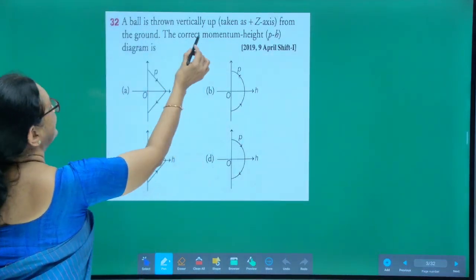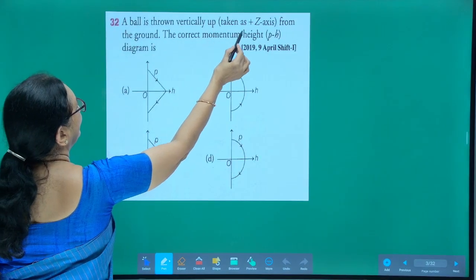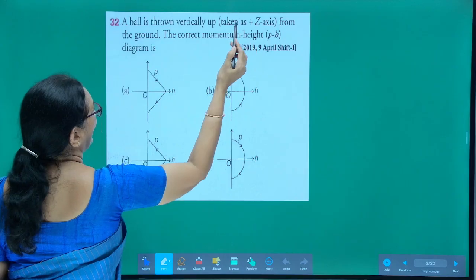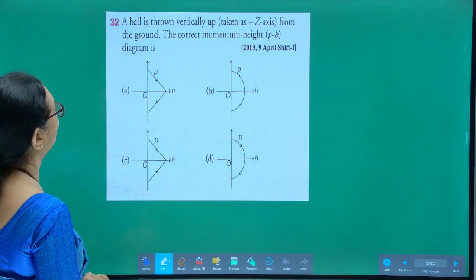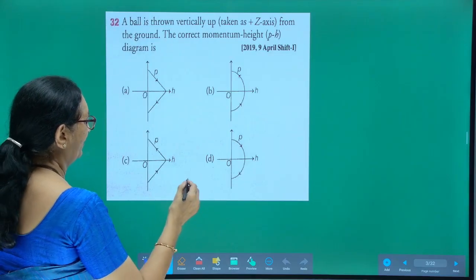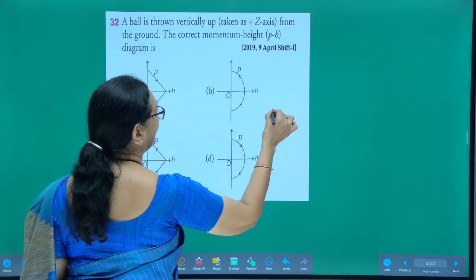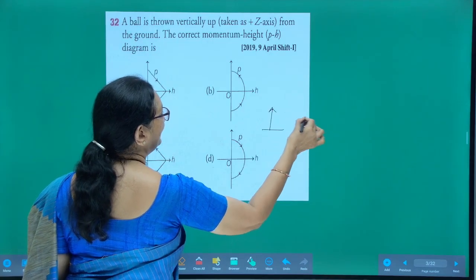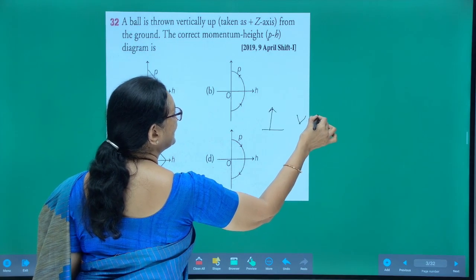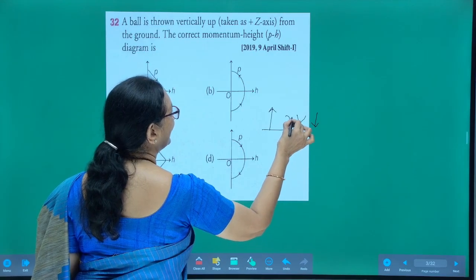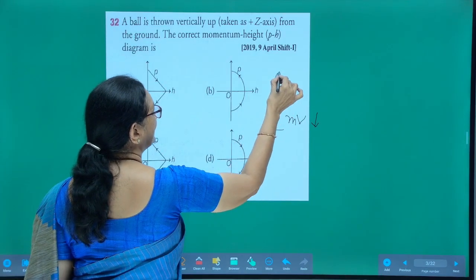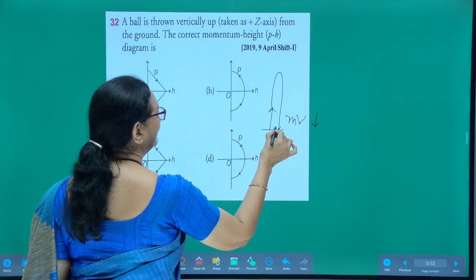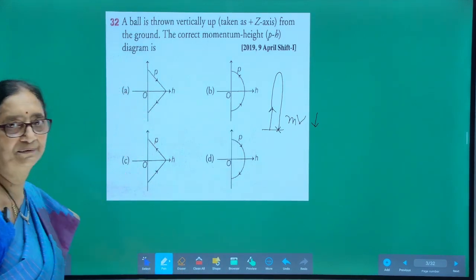A ball is thrown vertically up, taken as positive z axis from the ground. What is the correct momentum height diagram? When a ball is projected vertically up, its velocity, hence its momentum, decreases as height increases. It reaches the maximum and then comes back to the ground.